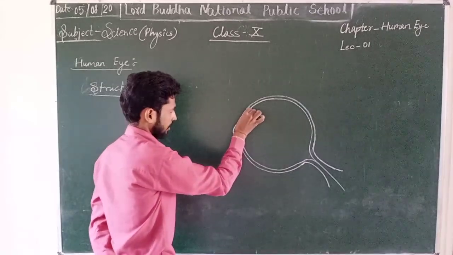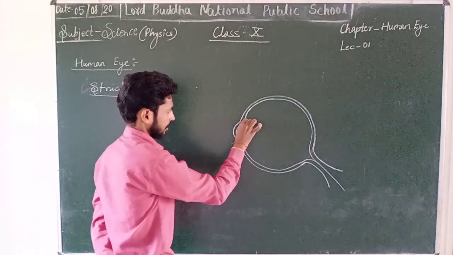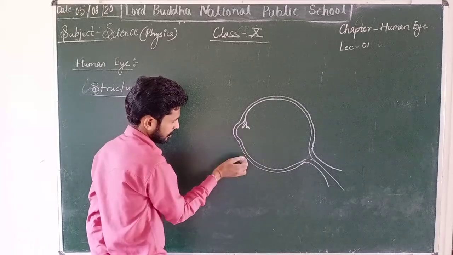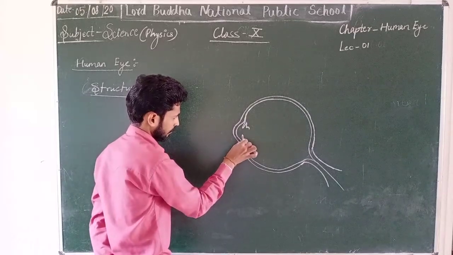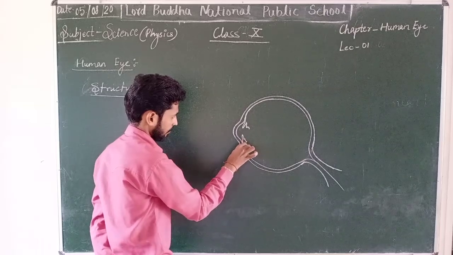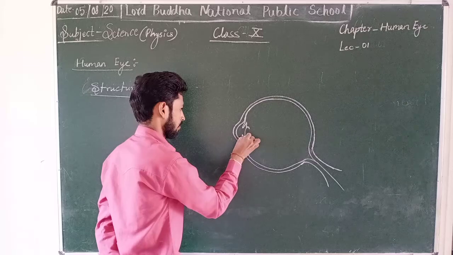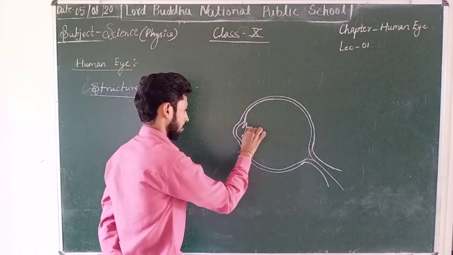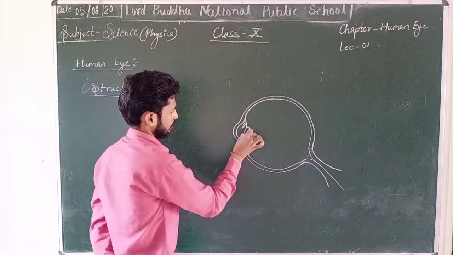And which structure now I try to draw, this, that is the iris, and next one is crystalline lens.